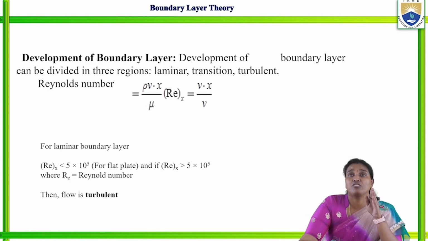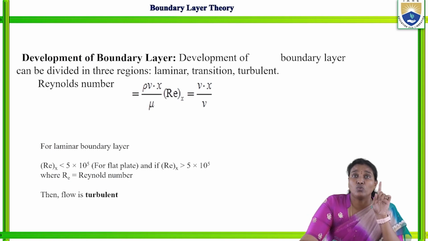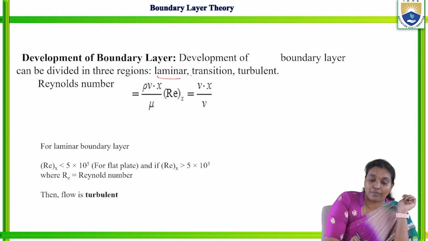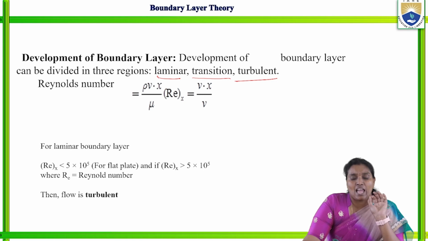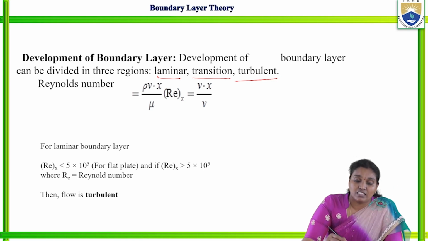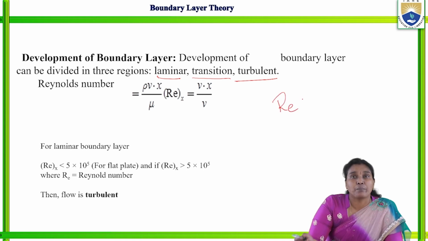Development of the boundary layer can be divided into three regions: laminar, transition and turbulent. Whenever laminar or turbulent flow comes up anywhere in fluid mechanics, the Reynolds number comes into the picture.